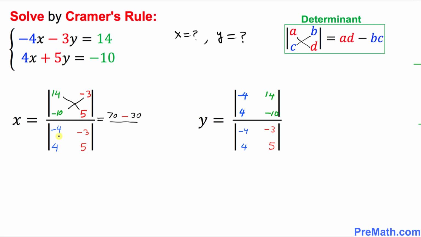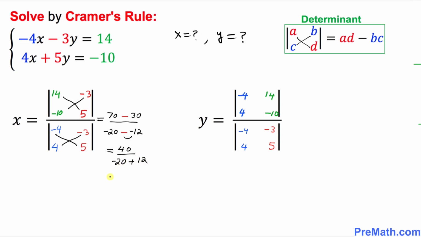Divided by, we do the same thing over here: -4 times 5 is -20, minus sign, and then 4 times -3 is -12. Simplifying, on the top it is 40, divided by -20 and then the two negative signs become positive 12.